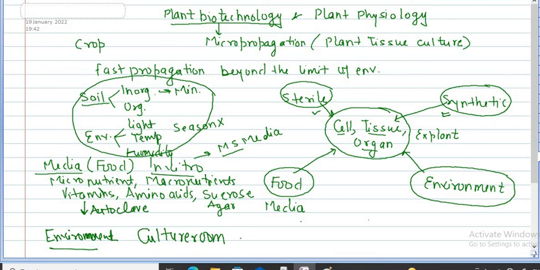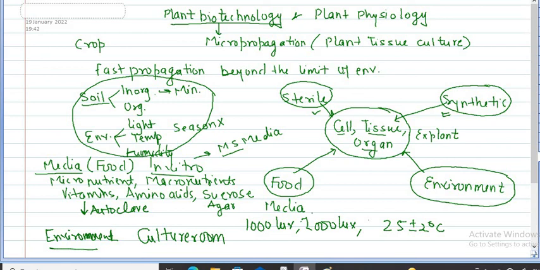How? We use fluorescent tubes to provide light of different range according to our need, 1000 lux, 2000 lux light with fluorescent tube. We provide 25 plus minus 2 degrees centigrade temperature with the help of air conditioner or room heater.